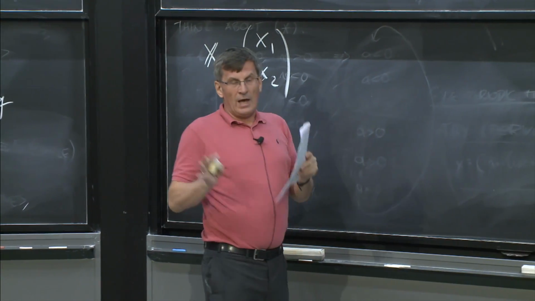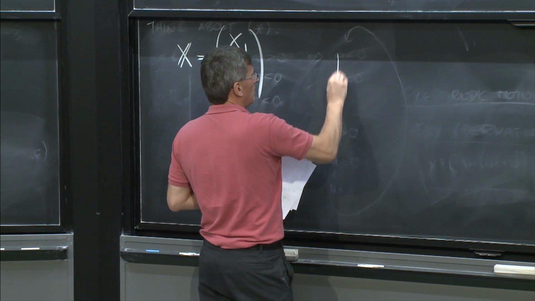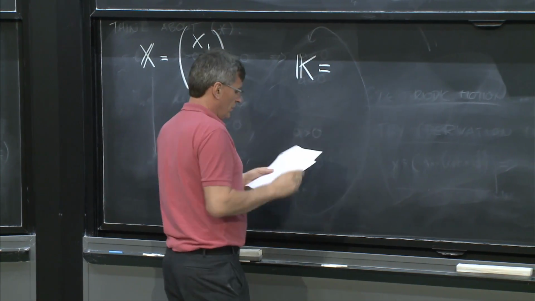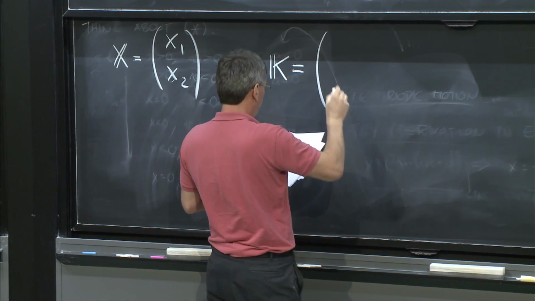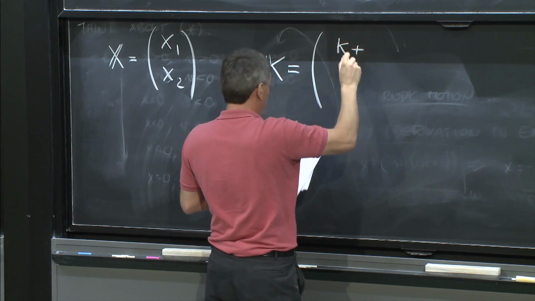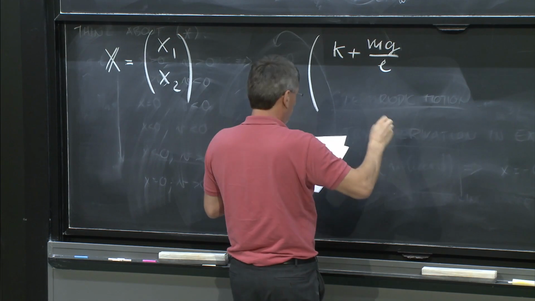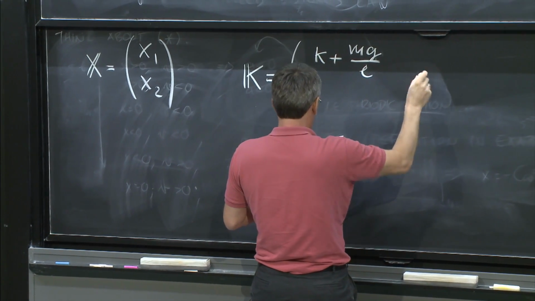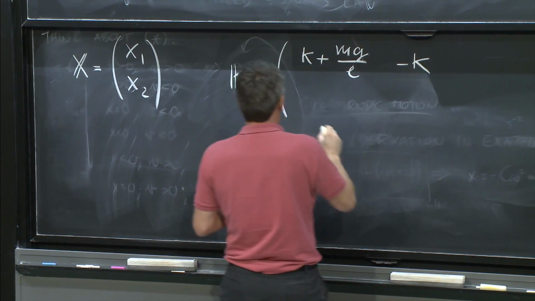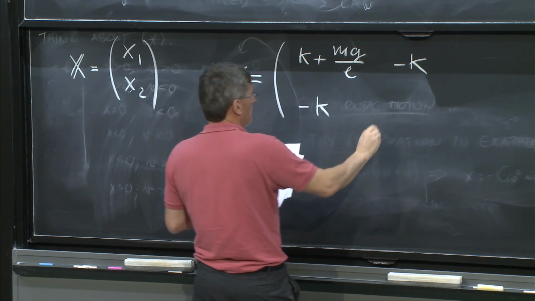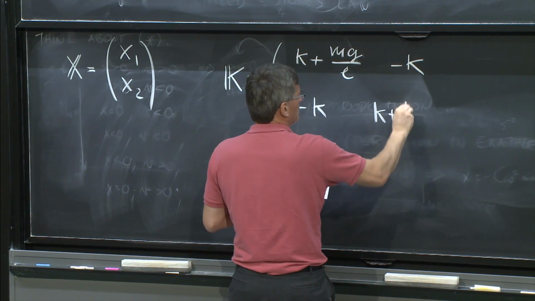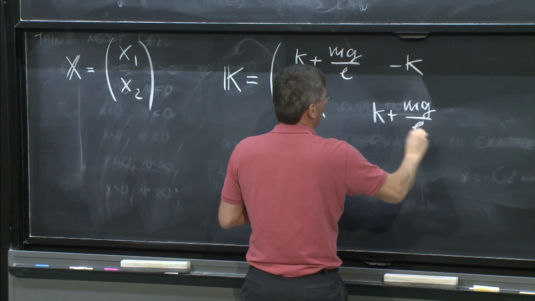We will introduce a force matrix, okay, which is equal to k plus mg over L, minus k here, minus k here, k plus mg over L there.